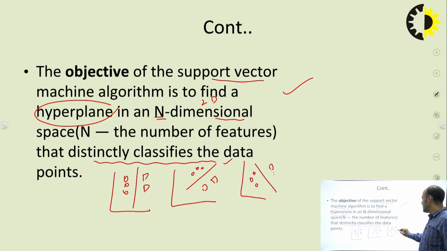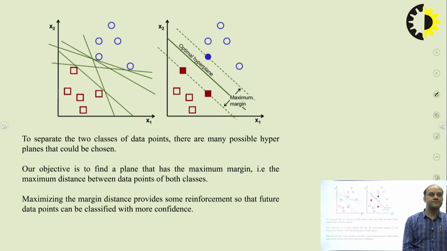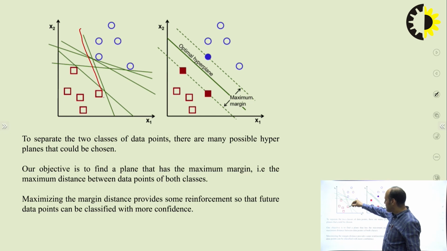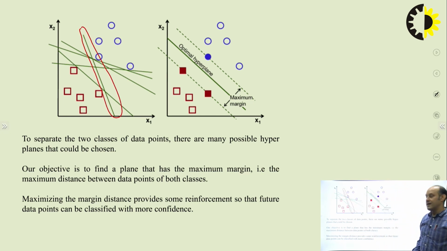So we just need to find this hyperplane. There are a number of hyperplanes, but now the question is which hyperplane we are going to choose. We will choose this hyperplane, which will classify, linearly distribute the classes.